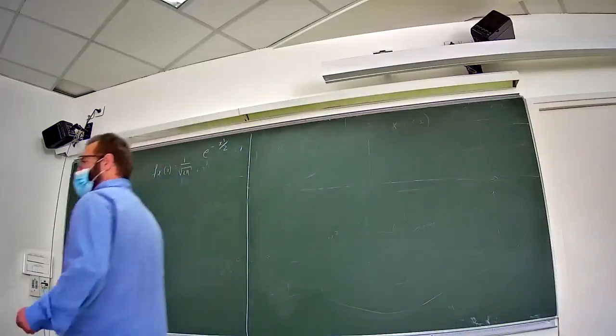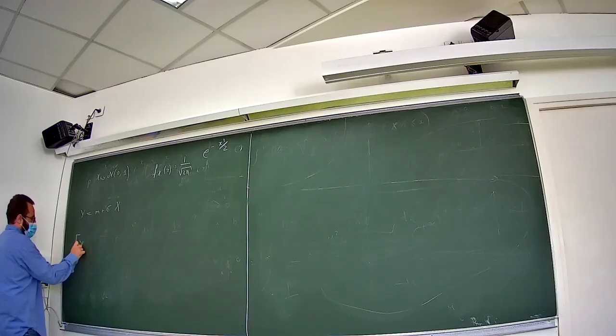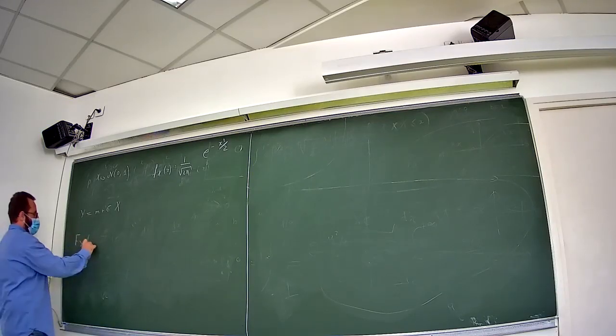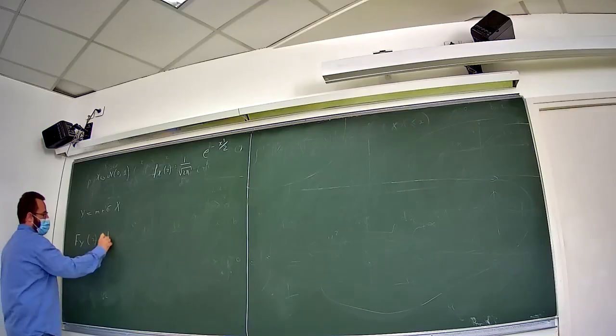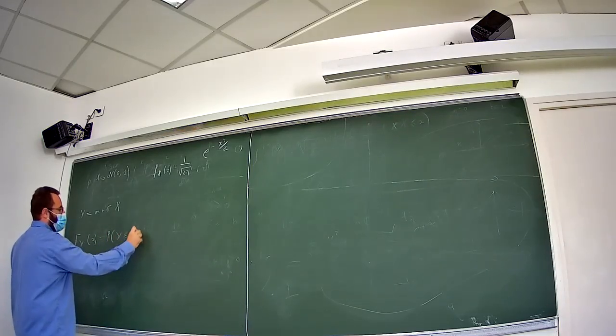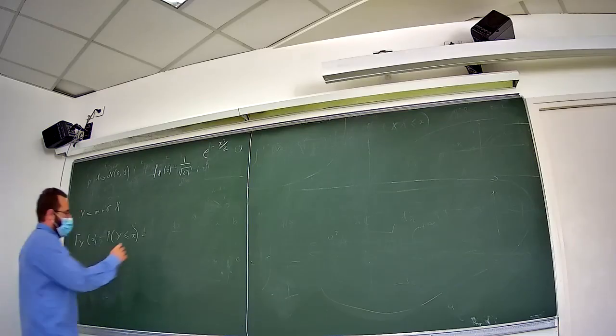Okay? So let's have a look at the distribution function of Y at the point x. This is the probability that Y is less than x. And of course, Y has a particular definition, that is m plus sigma X. So I replace.